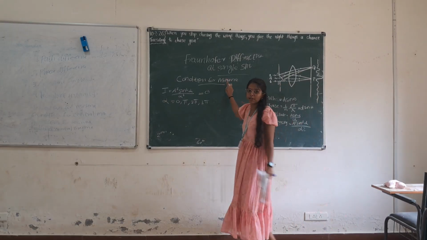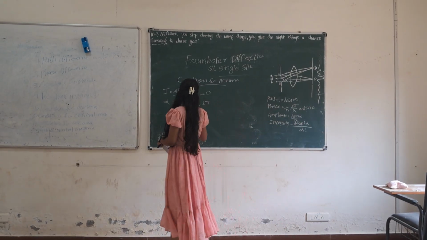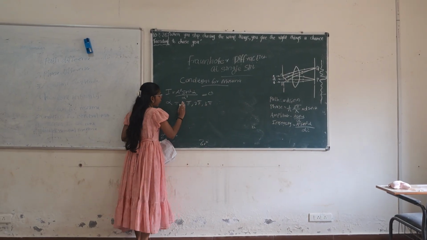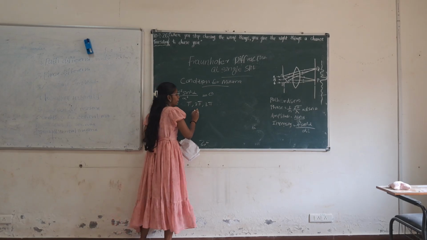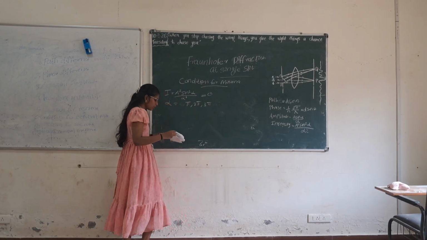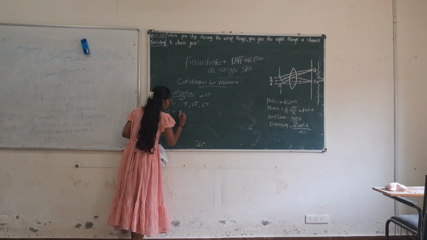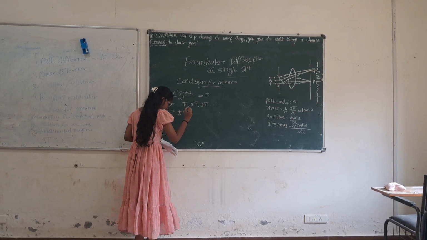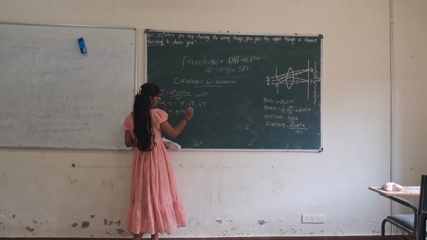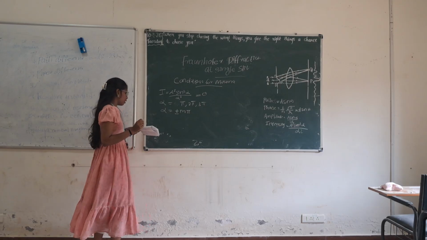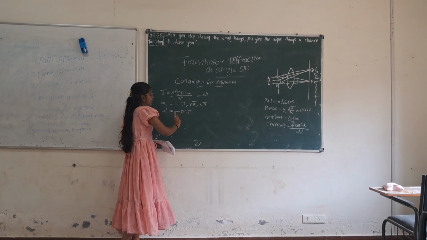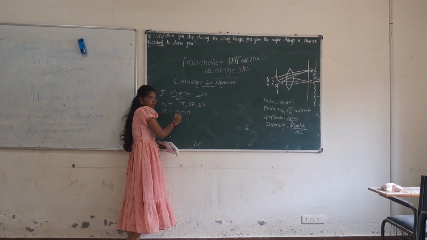We want the condition for minimum, so alpha is equal to pi, 2 pi, 3 pi. We can generalize that alpha is equal to plus or minus n pi. Minima occur on either side, so we take plus or minus.